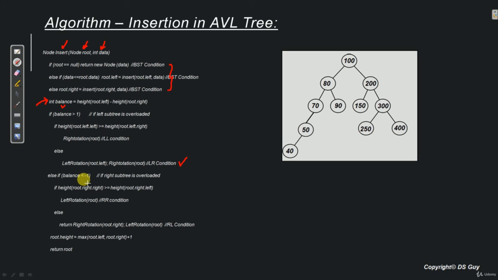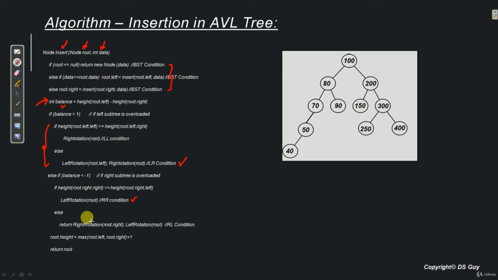Now in case the balance is less than -1, that is, if the right subtree is overloaded, then what we have to do is exactly the mirror image of this. That is, if the height of root right is greater than root right left, then we do a left rotation, because that will be a right condition.